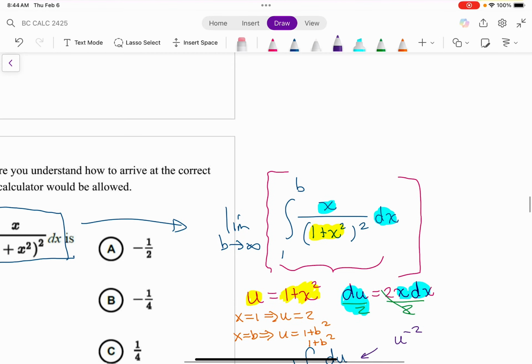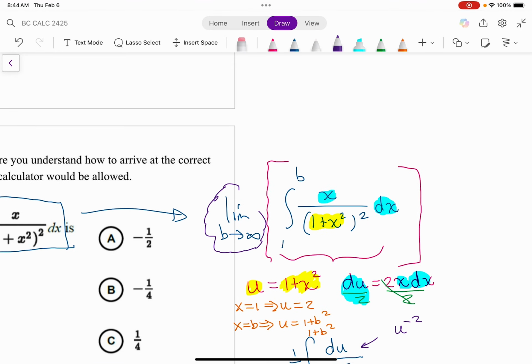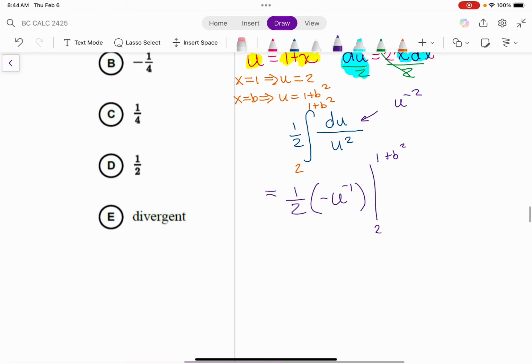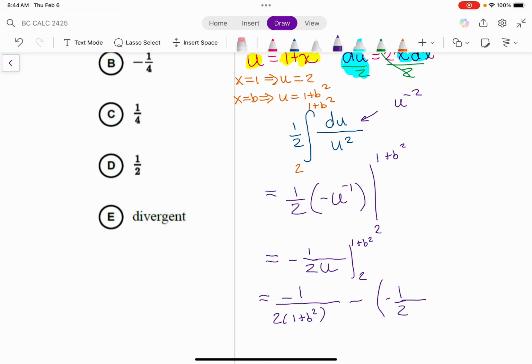Notice we're going to return to the limit part later; right now we're just trying to work out this integral. So this is negative 1 over 2 times 1 plus b squared, minus negative 1 over 2 times 2.